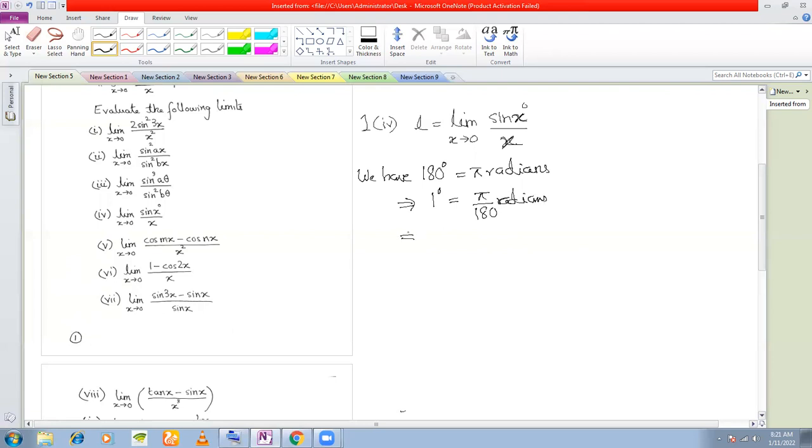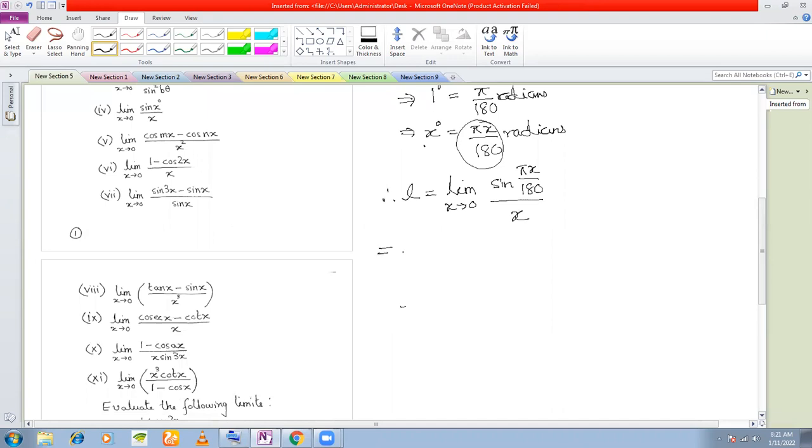That means x degree must be equal to pi x by 180 radians, right? So therefore, this limit here will be limit x tends to 0 sine x degree. So x degree is equal to pi x by 180 radians. So let's write this as pi x by 180. Now this is in radians. Divide by x. Okay.